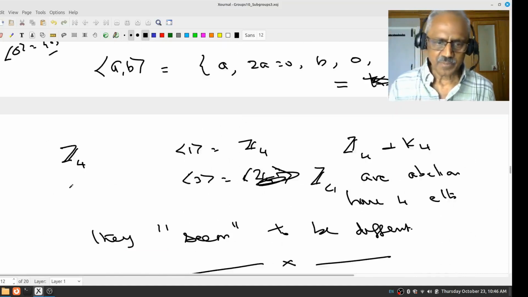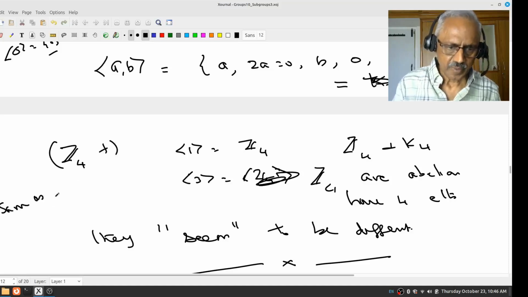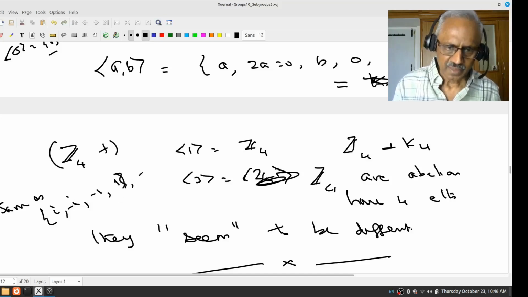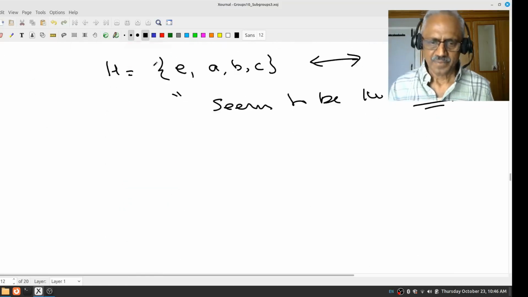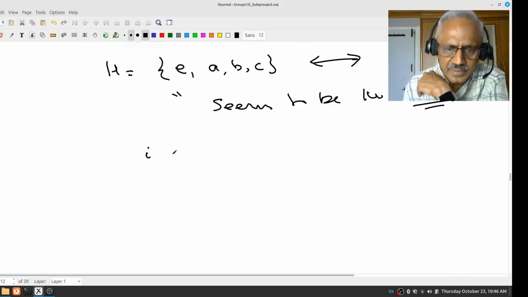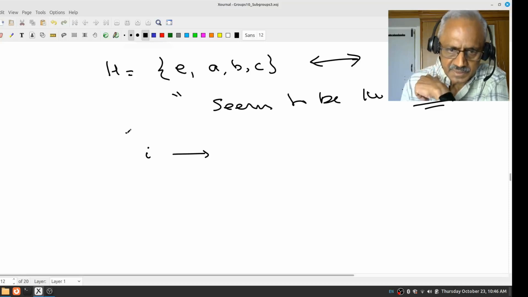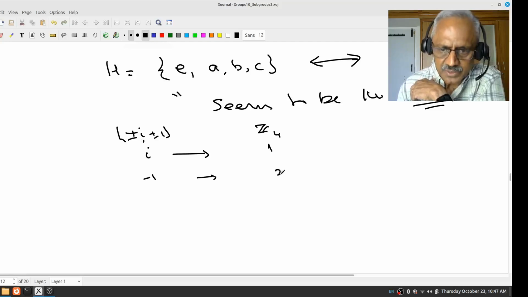For example, Z4 under addition seems to be the same as {1, i, -1, -i} under multiplication. Because I send i to 1 in Z4. Therefore, i squared is minus 1, I'll send it to 2.